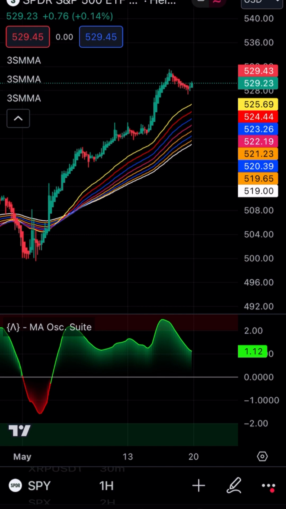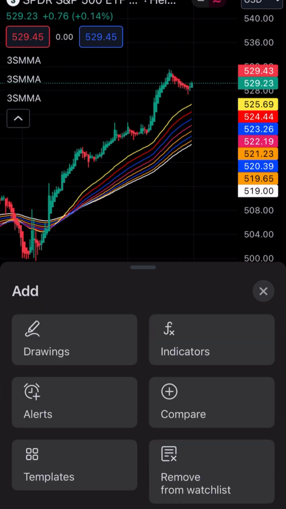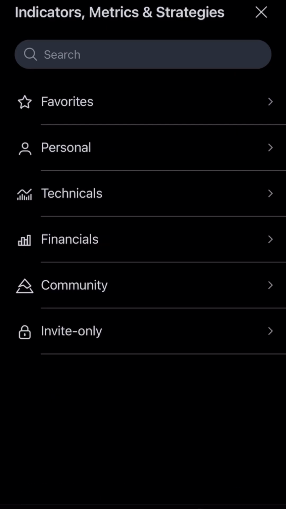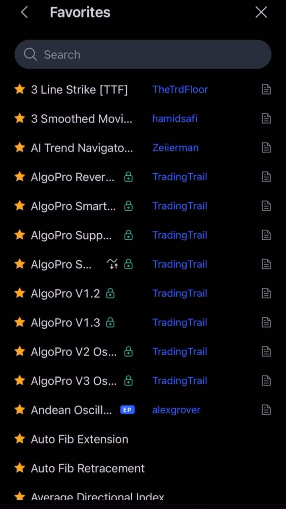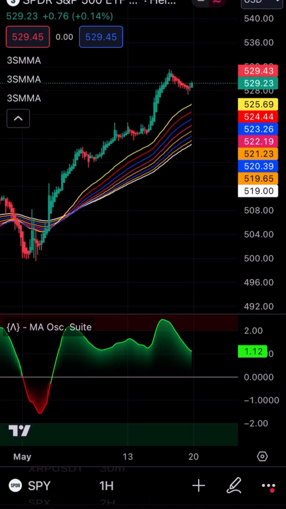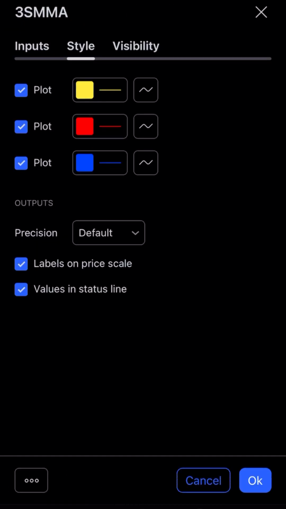The first thing is you're going to need to have the rainbow strategy, which is three smooth moving averages. You click it 3 times, and you want to make sure you pick bright colors.